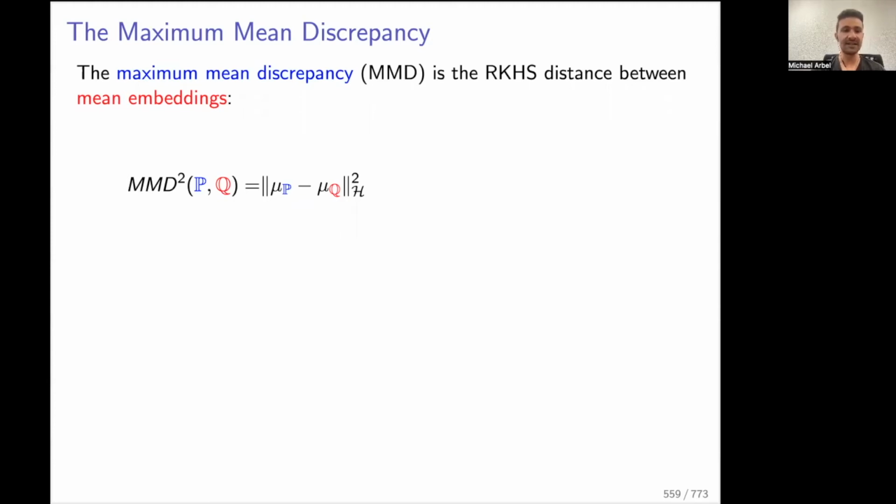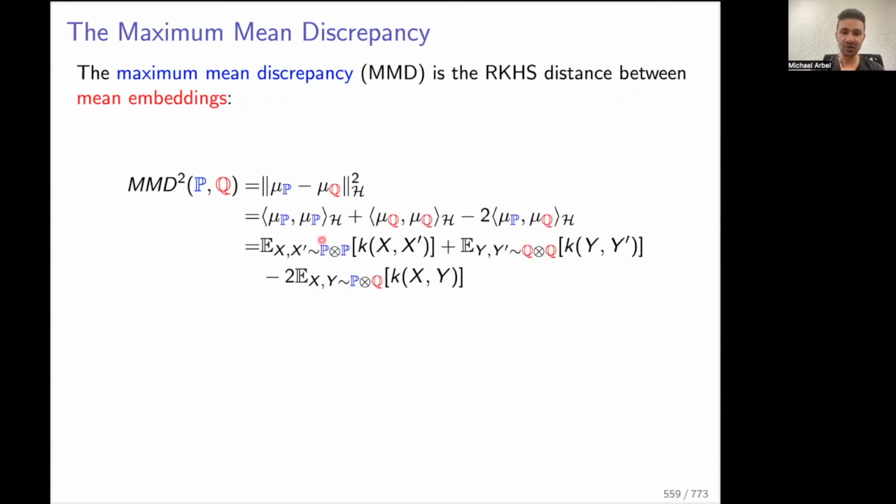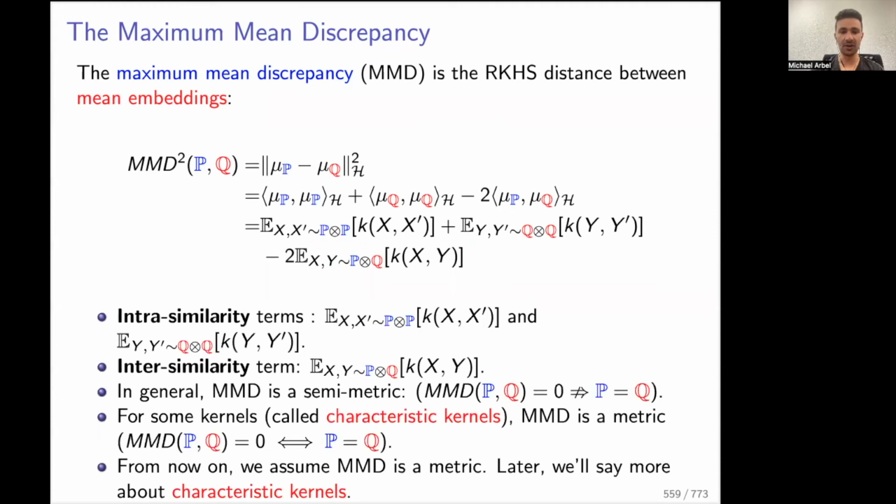But what is interesting is that this quantity, which seems abstract, actually has a nice expression just in terms of expectations of the kernel under probabilities P and Q. The first two terms are expectations under P and Q of two independent copies, x and x prime, from the same distribution, either P or Q. And then the second last term is an expectation that involves samples from both P and Q. The first two terms, we can call intra-similarity terms because they measure the similarity of samples within the same distribution.